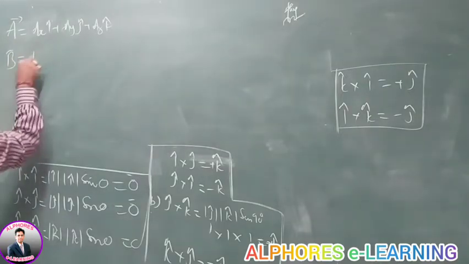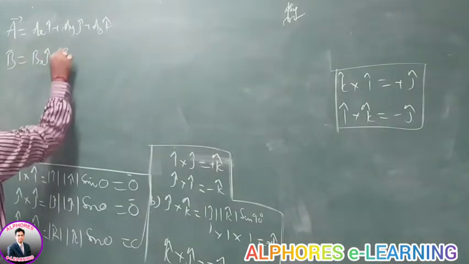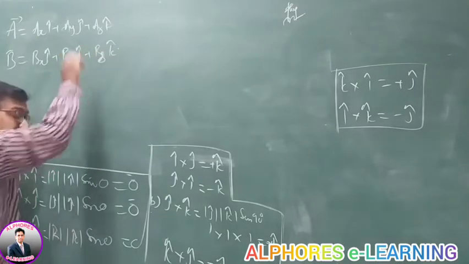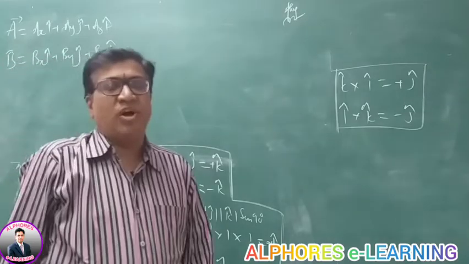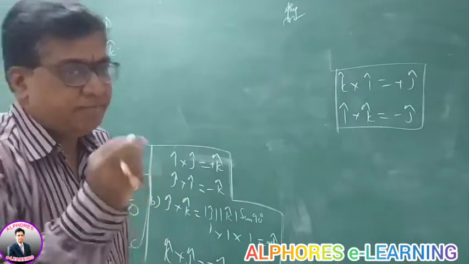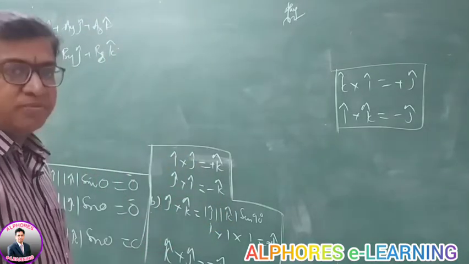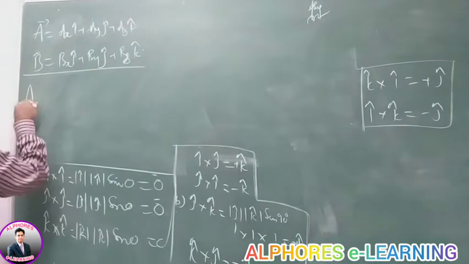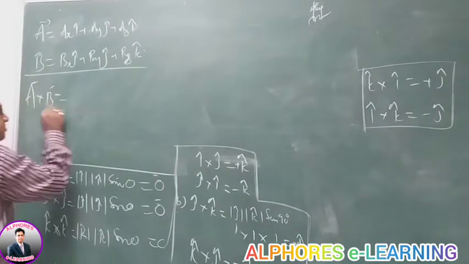B bar is equal to Bx i cap plus By j cap plus Bz k cap. Now we are asked to find the cross product of the two vectors, A cross B.